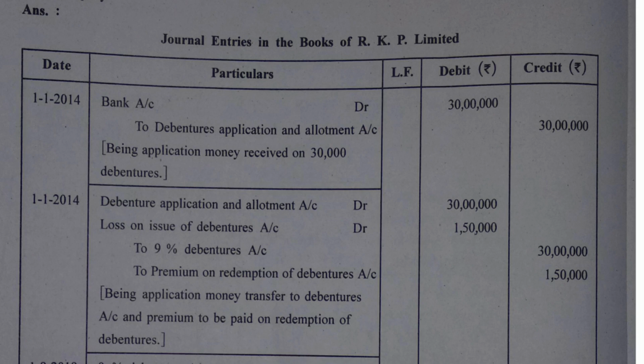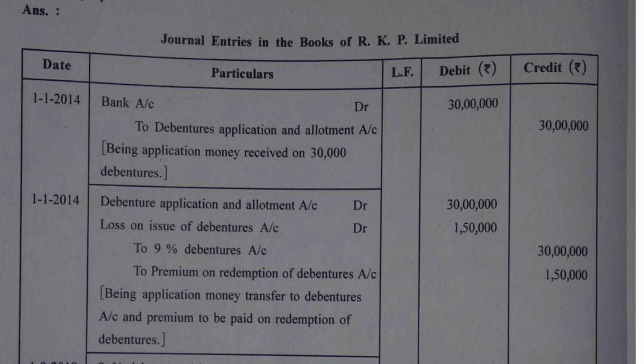Debenture application and allotment account debit 30 lakh, loss on issue of debentures account debit 1,50,000, to 9% debentures account 30 lakh, to premium on redemption of debentures account 1,50,000. 9% debentures is our liability, and also premium on redemption of debentures is our liability, because while returning the amount, you are supposed to pay 100 rupees of debenture and 5 rupees of premium. So both of these are a liability.